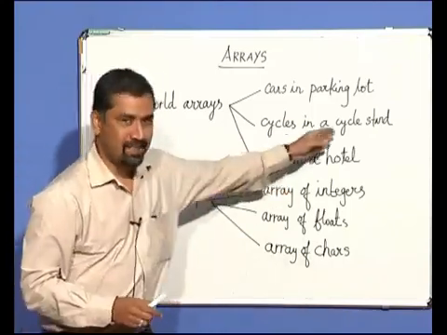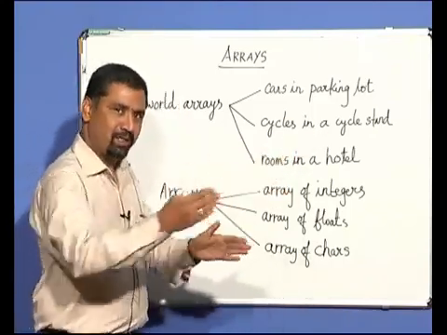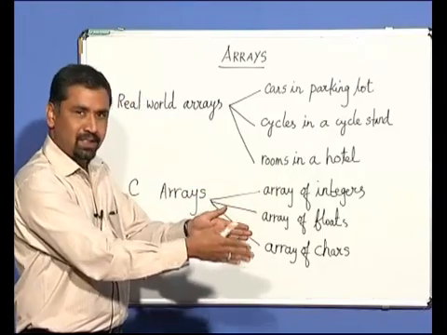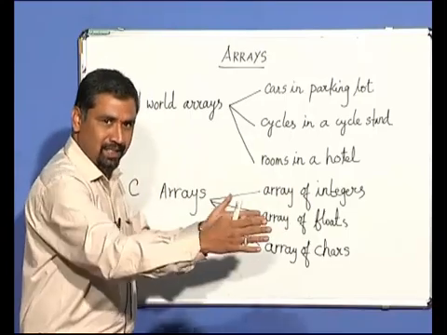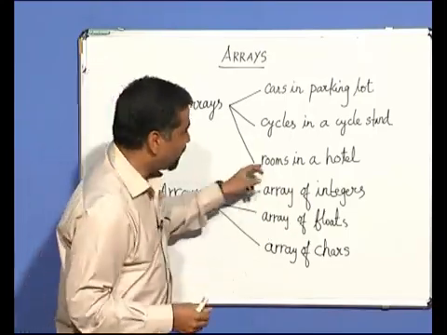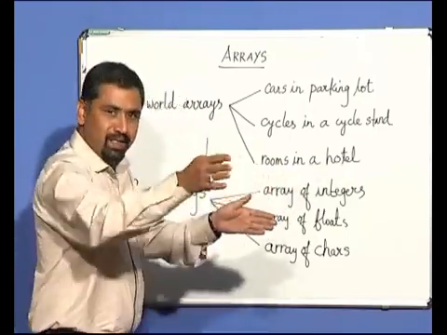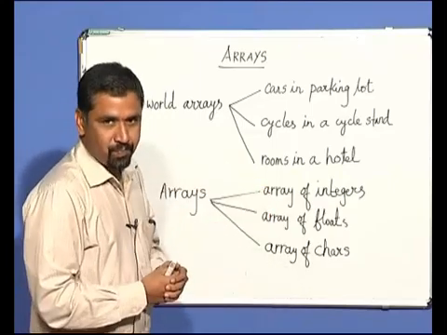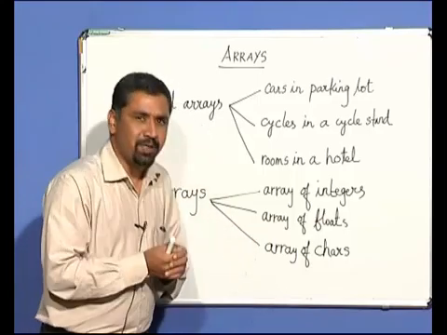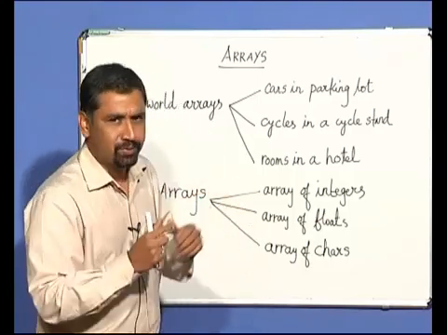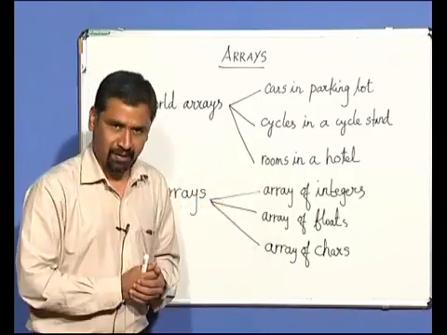Same way, cycles in a cycle stand, if they are nicely parked, you will know that there is one cycle and beside that another cycle, like that. You can see a row of bicycles. They are nicely arranged. Same way, you can think of rooms in a hotel, one after the other, you have several rooms. So in all these things, an array in English means the orderly arrangement of several things in rows and columns. That is the general real world meaning.